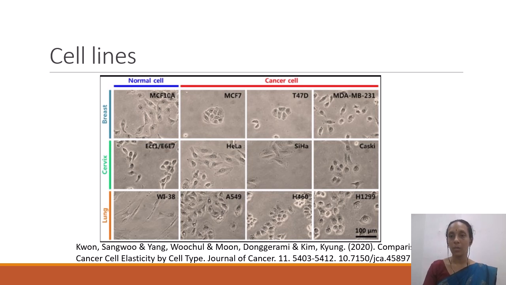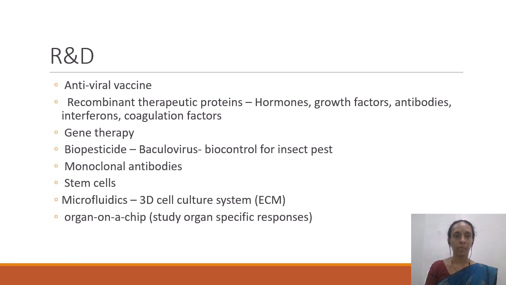When we talk about the purpose of developing or using cell lines even after so much technological advancement, it is that for the production of antiviral vaccines we need a lot of recombinant therapeutic protein development, and a lot of testing has to be done.